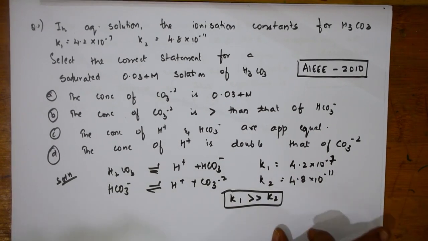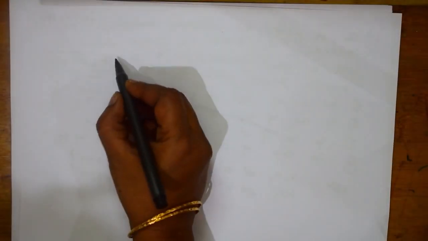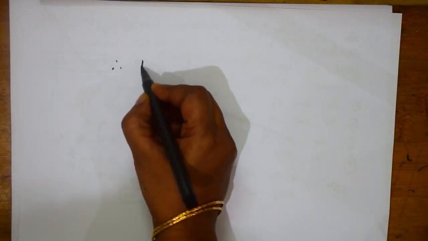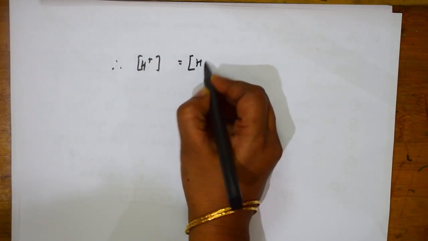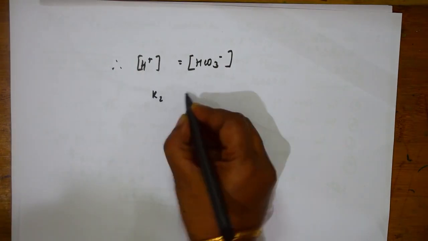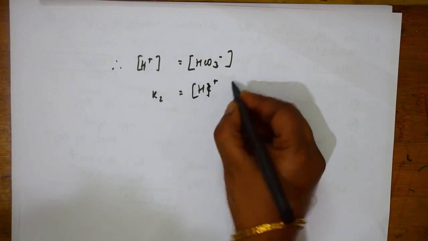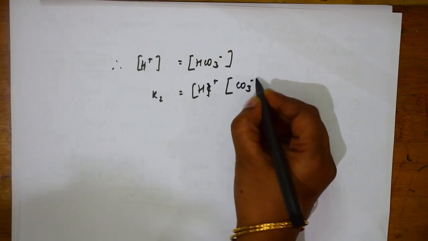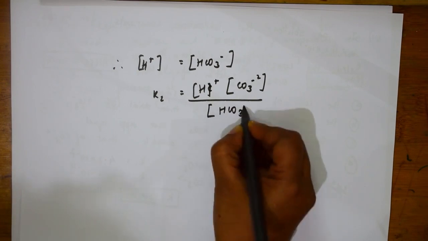Right, so let us see. What will we do in that instance? I'm going to take H+ equal to HCO3-. So K2 is equal to H+ concentration times CO3 2- concentration divided by HCO3-.